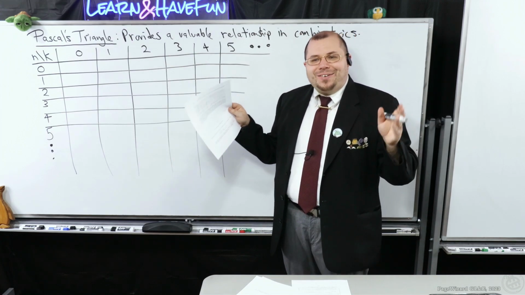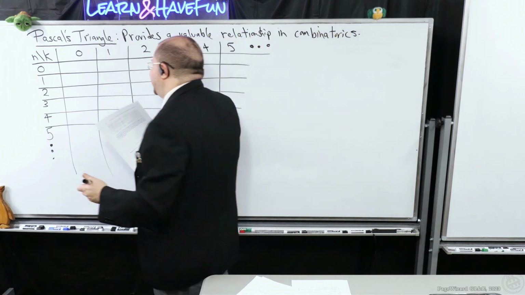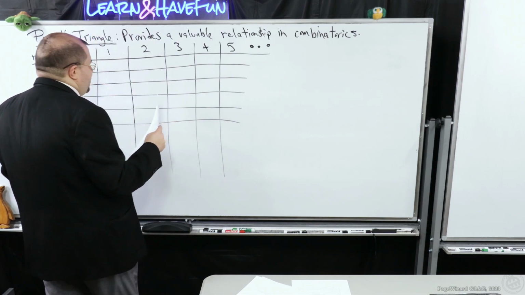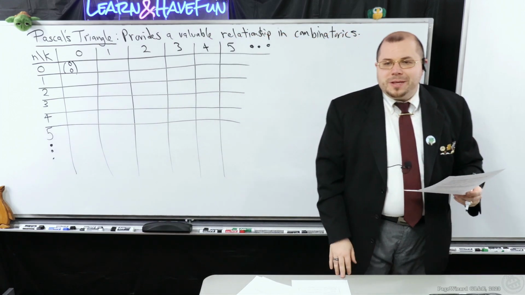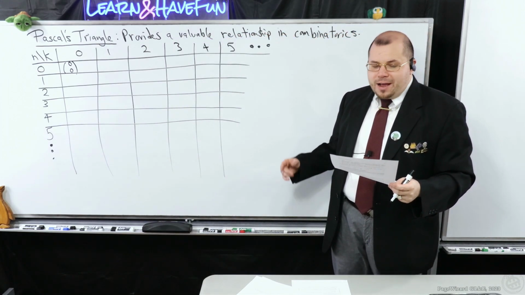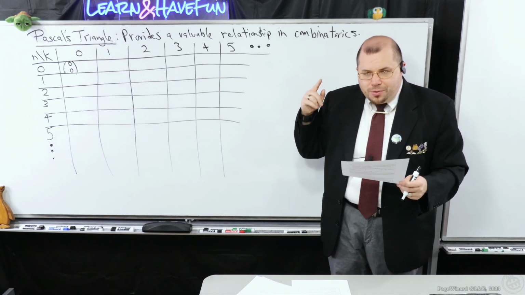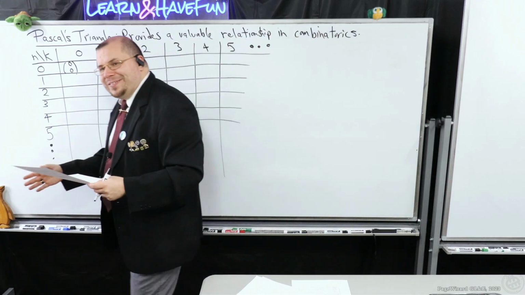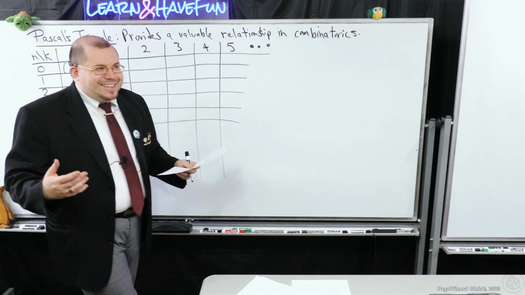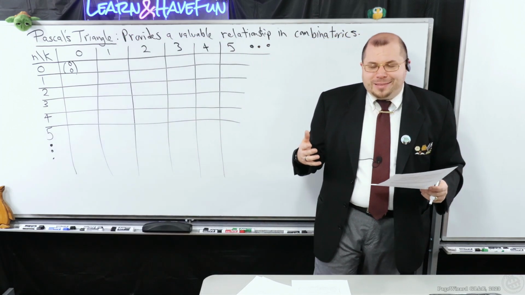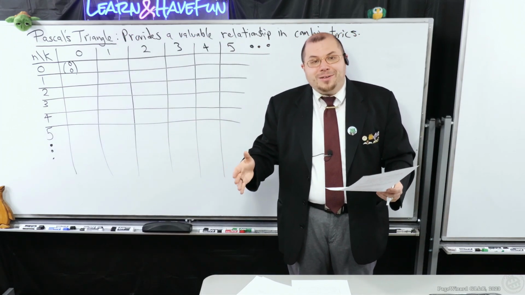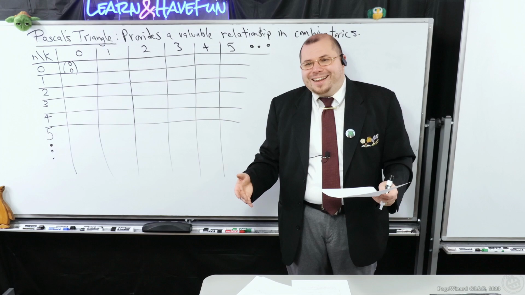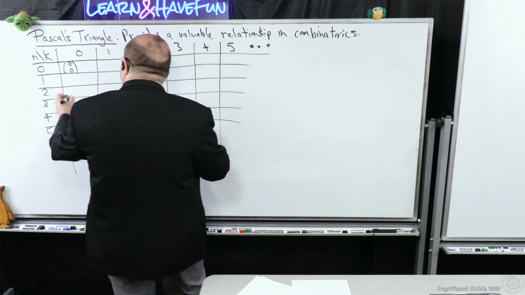So first, let's figure out what 0 choose 0 is. So I have no elements, and I'm choosing none of them. But the thing is, there is a set with 0 elements. It's the empty set, right? If I choose none of them, what is that? Well, I'll let you think about it, but the point is there's only one of them.